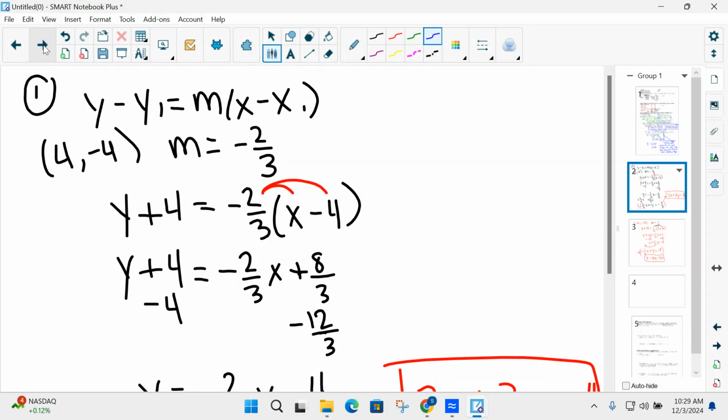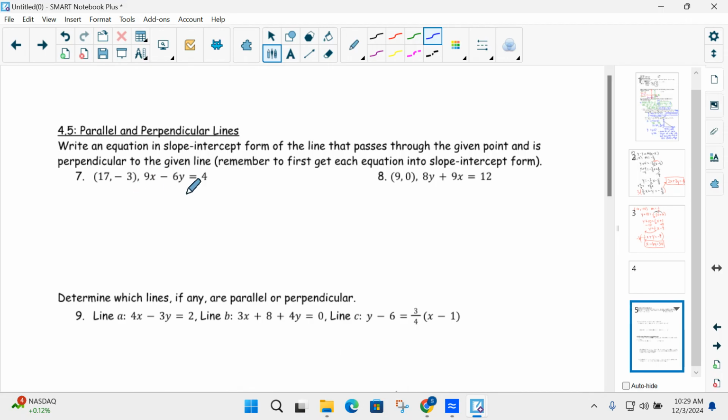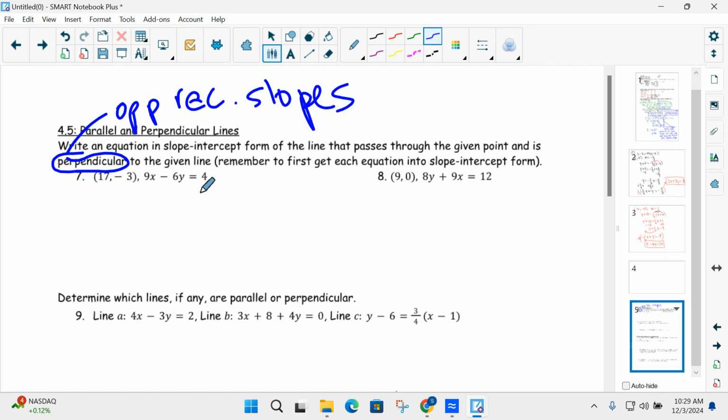Number 7. So for this question, you will be required to put this in slope-intercept form in order to find the slope, because if it's perpendicular, the slopes have to be opposite reciprocals. Opposite reciprocal slopes. So let's get this into slope-intercept form. So we would subtract the 9x first.